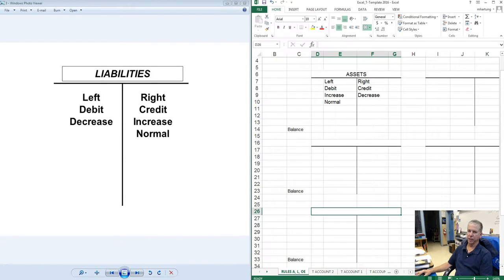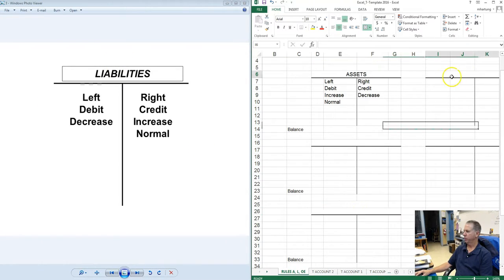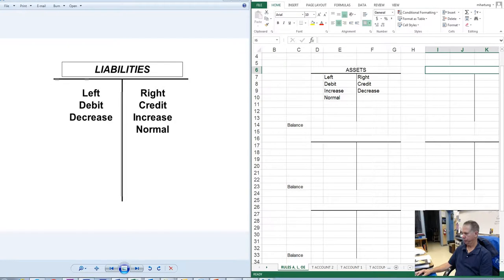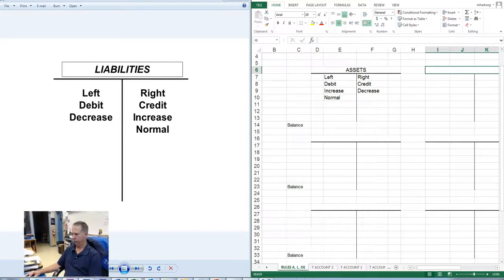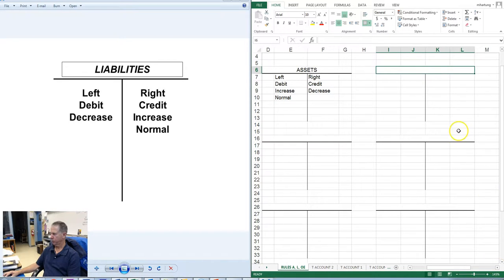Let's next take a look at liabilities, the rules of debit and credit for liabilities. So come back over to your T account here, and we'll go ahead and put in liabilities.